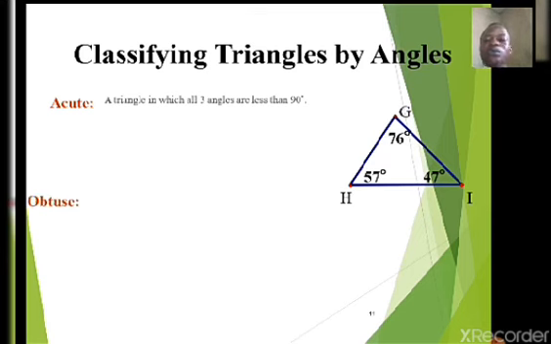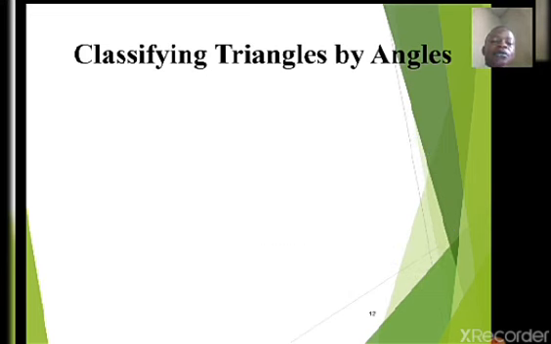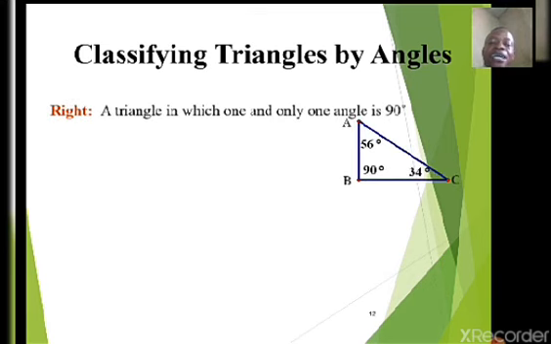The next one we'll move on to is obtuse. That is a triangle in which one and only one angle is greater than 90 degrees and less than 180 degrees. We can see from that picture, angle C tells us that this triangle is an obtuse triangle. Then we move on to the right angle triangle.